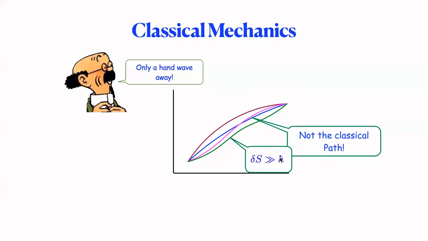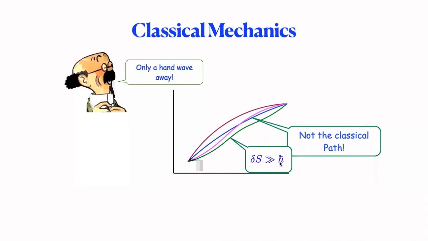You know that in order to get classical mechanics, you have to assume that h cross goes to 0. It is very small in comparison with the other quantities in your description. The value of action for your particle is much, much larger than the value of h cross. So if the difference delta S between these two paths is very large, then this delta S is much larger than h cross.